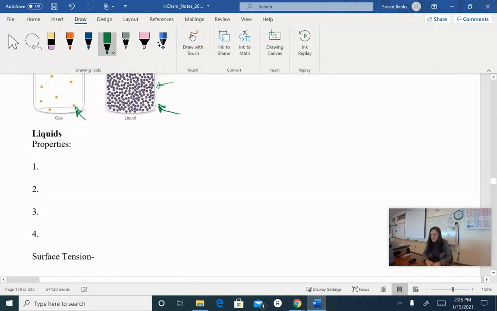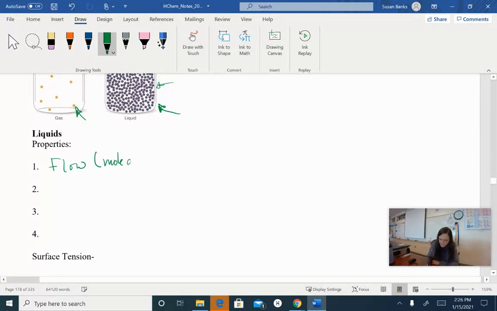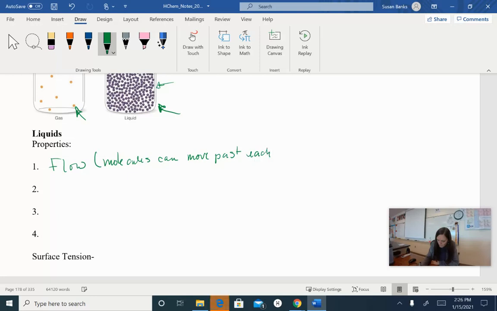Okay, can the molecules in a liquid move past each other? Yes, so that means that the liquids can flow. Liquids can flow, molecules can move past each other. Okay.